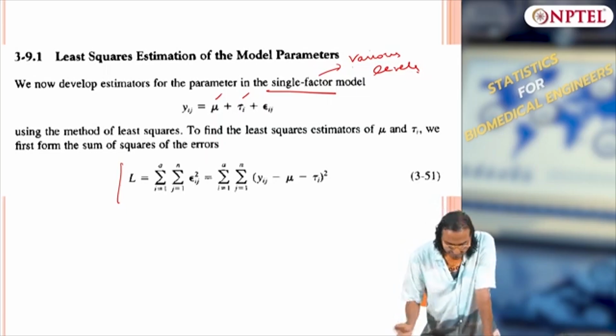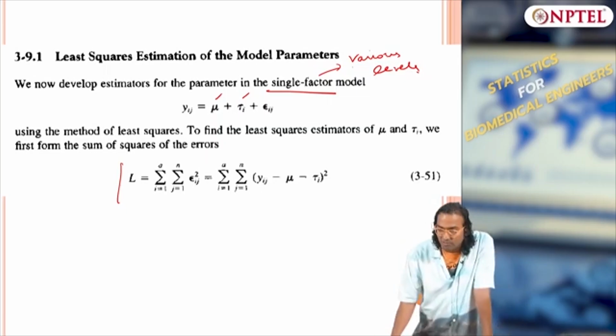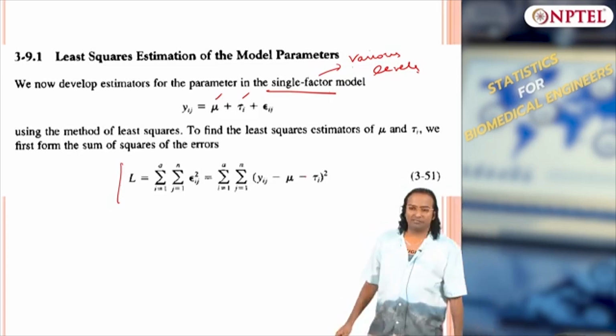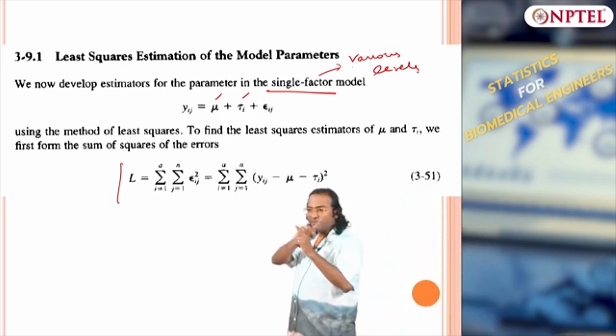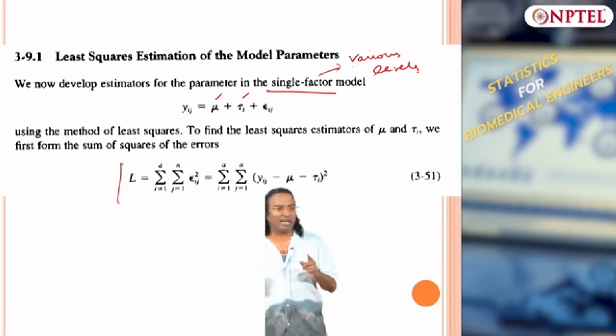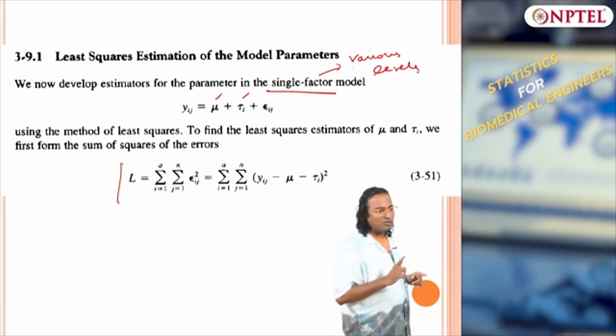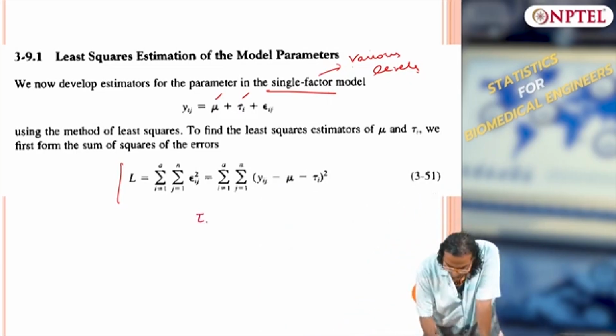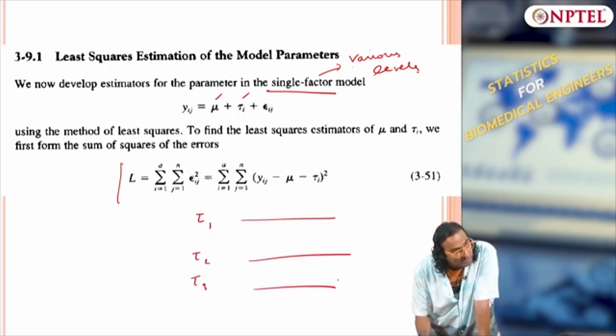So, I have the summation of Yij minus mu minus tau i, the whole square, and remember it will be a double summation. Why? This data is a matrix, okay. So, for every level, tau 1, tau 2, tau 3, you have data, right.